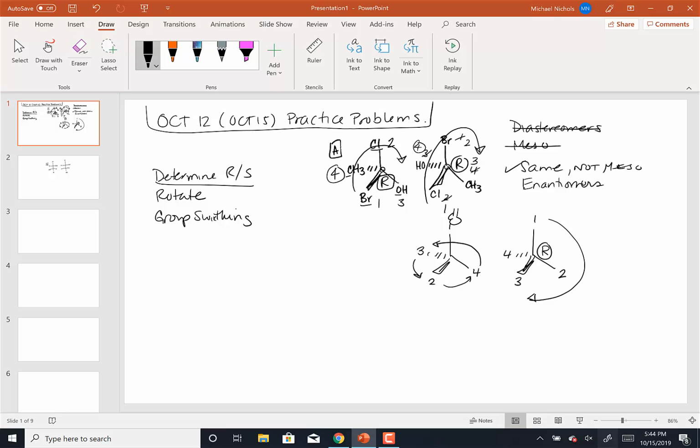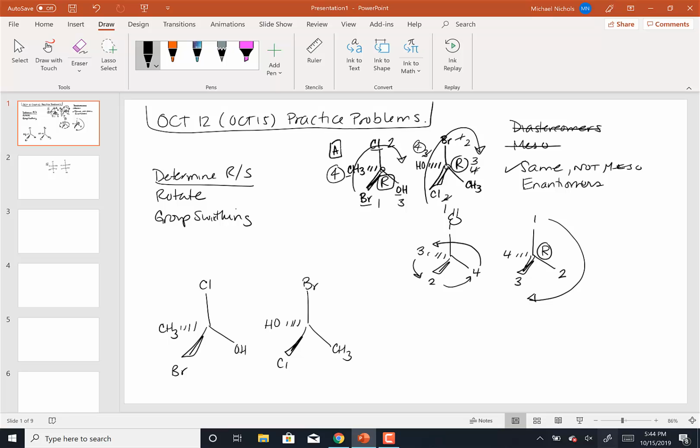Another way to do this problem is to see if I can somehow convert or overlay these two molecules. I've got the OH, and this does not require that I use R and S. This is just a visual method to compare the two molecules. So here are the two molecules again. Now what I need to do is try and rotate the methyl group to the back.